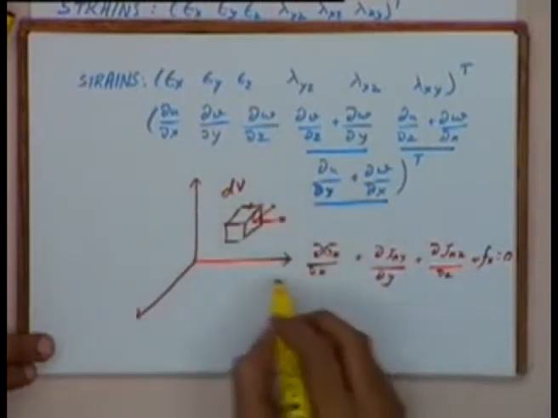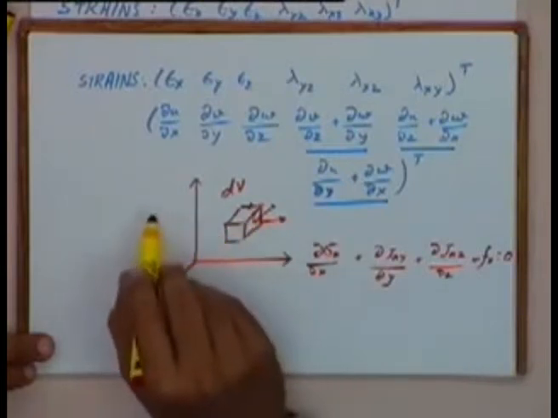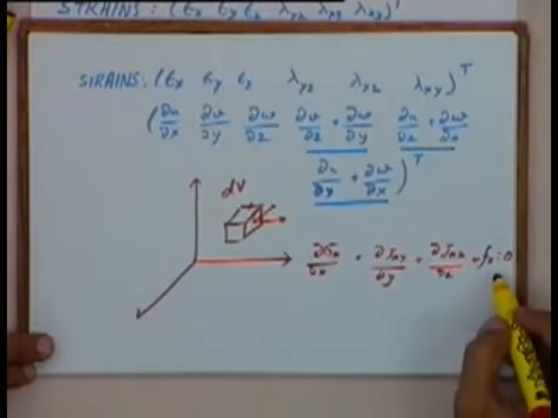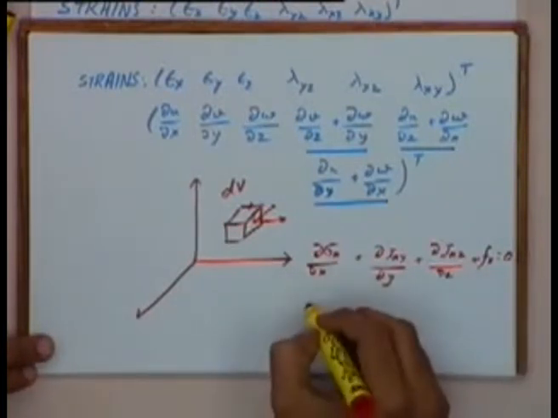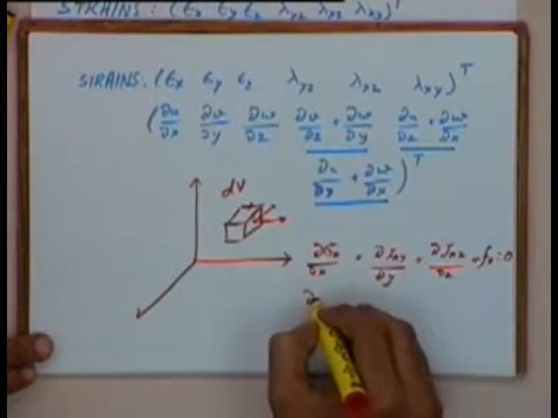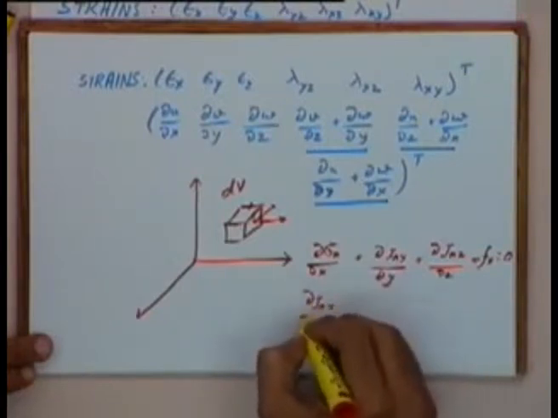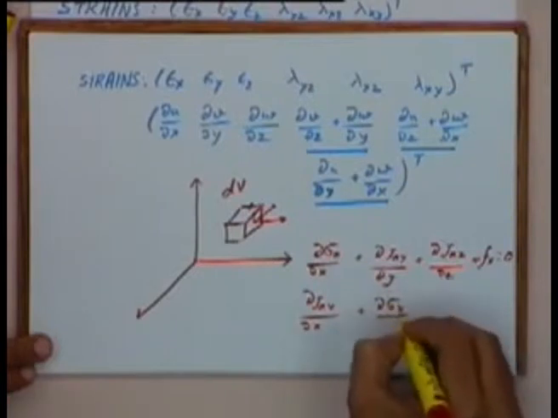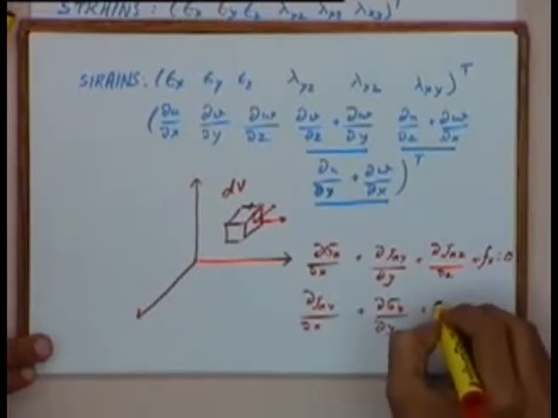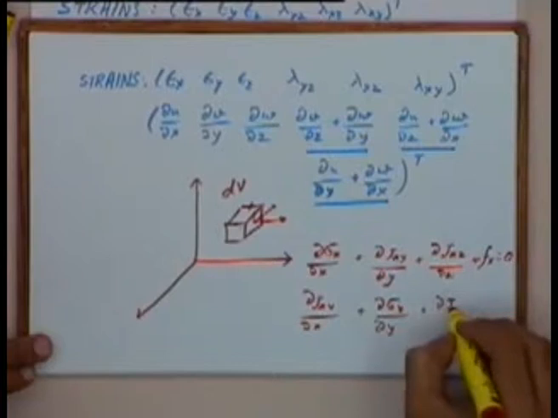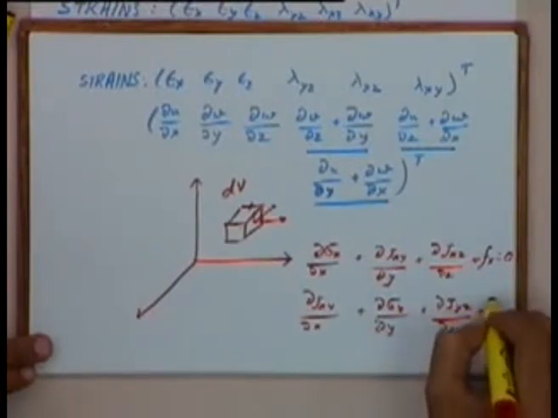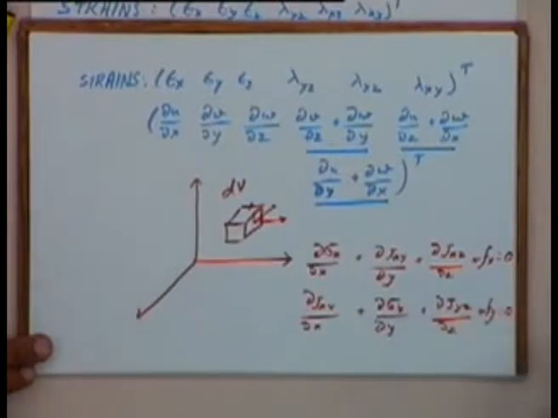If I write down the equilibrium of all these forces in the x, y as well as the z direction, I will get 3 equations of this form. This is one. The next would be del tau xy by del x plus del sigma y by del y plus del tau yz by del z plus fy equal to 0.